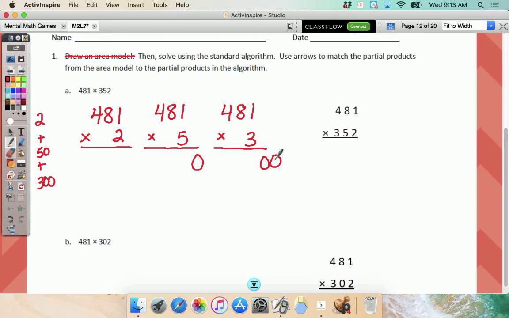All right, now you draw whatever you need to draw. I'm going to do the bare minimum. It's just easier. Okay, so I had someone in block 1, eyes up here please, that decided they were going to do these problems first and then just write them down. You have to check yourself.